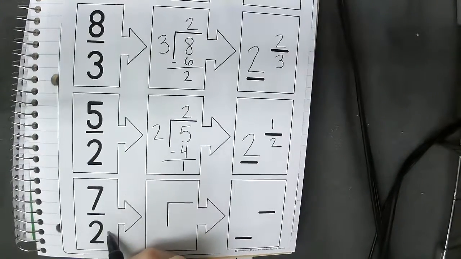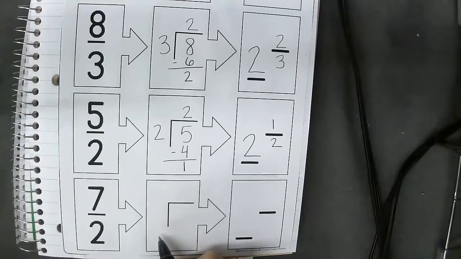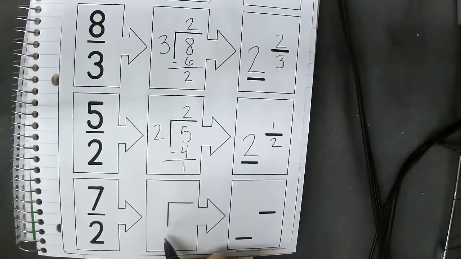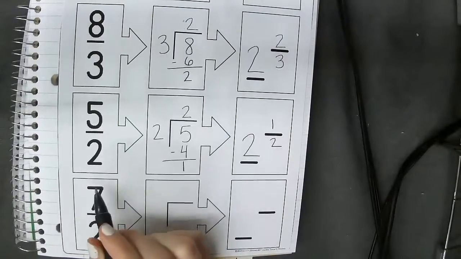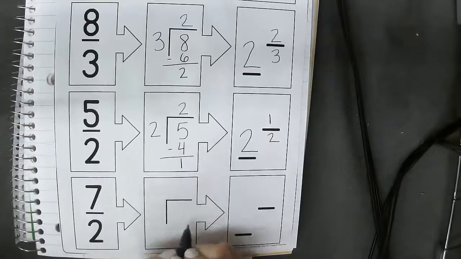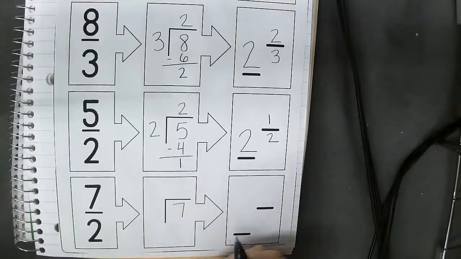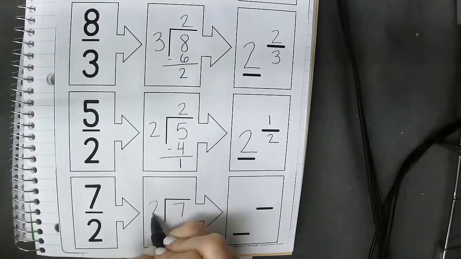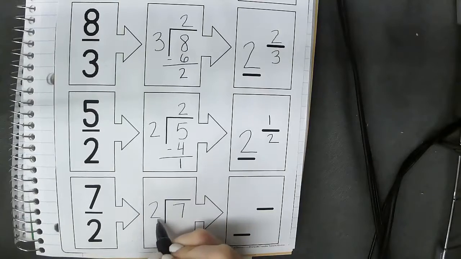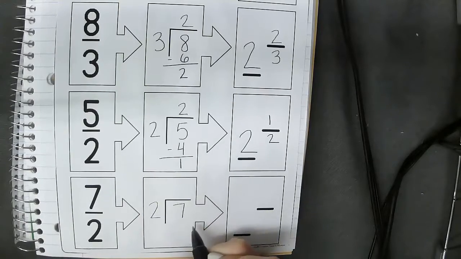Let's look at 7/2. Go ahead and do the same thing. Pause here, solve it on your own, and then come back to check. Welcome back. For 7/2, my 7, my numerator, goes inside. My 2 becomes my divisor. How many times does 2 go into 7?